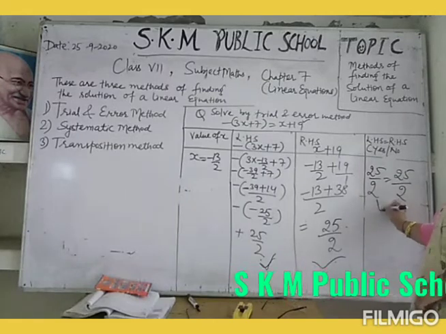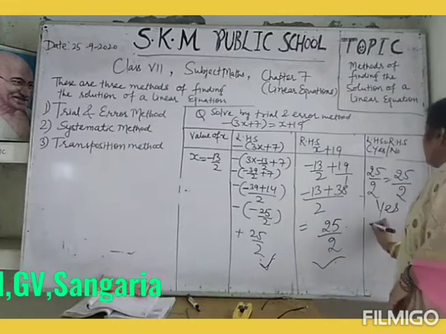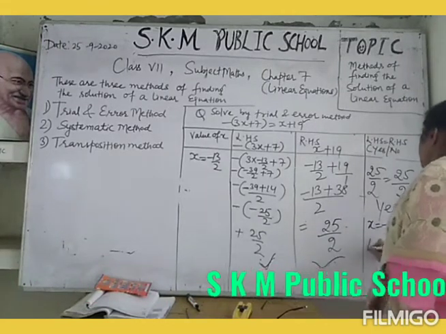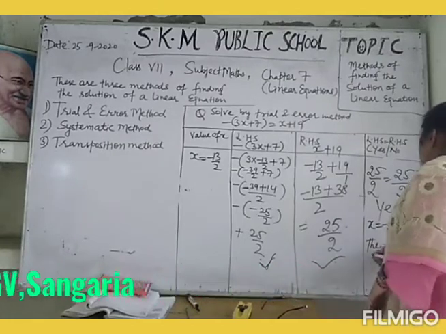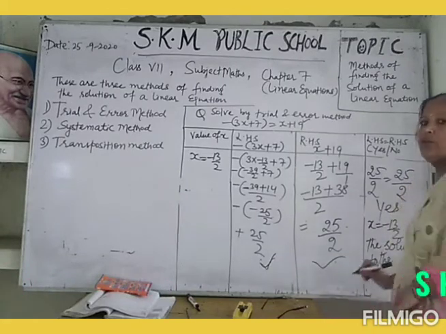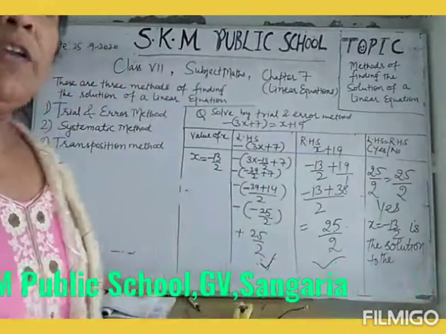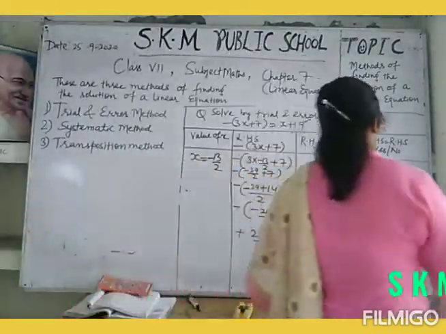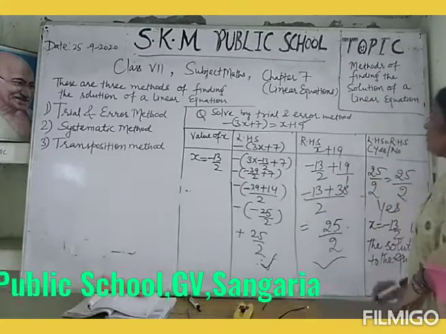So we can say yes, x is equal to minus 13 upon 2 is the solution to the given equation.